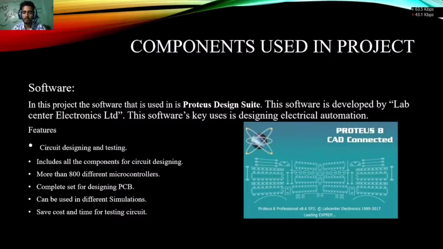This software has many features. One is circuit designing and testing, which includes all the components for electrical circuit designing, and more than 800 different microcontrollers. It can be used in different simulations, and this software saves cost and time for testing circuits.